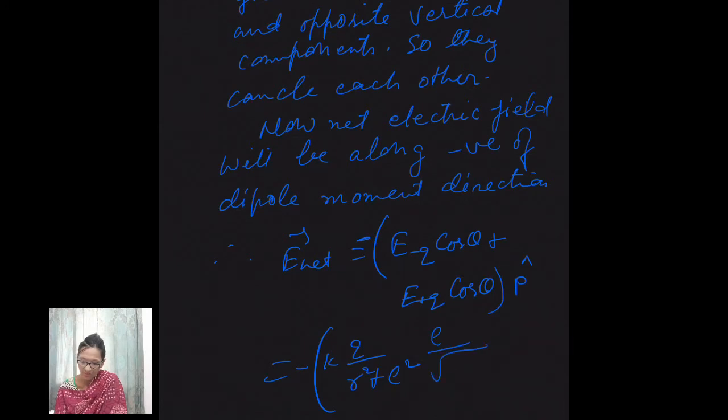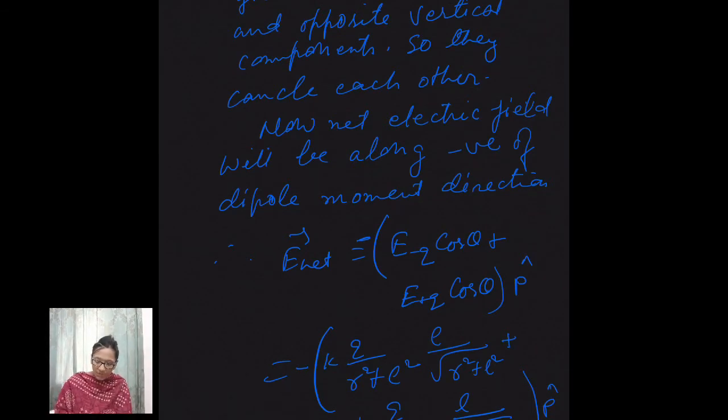This is your cos theta. Plus E due to the positive charge is also the same, KQ upon R square plus L square, and cos theta is the same, L by root under R square plus L square, and this is directed along P cap.